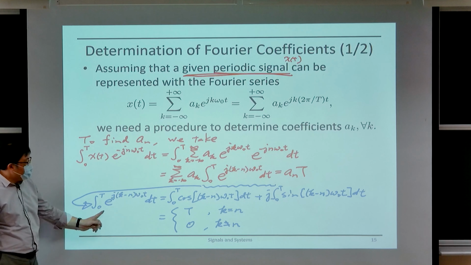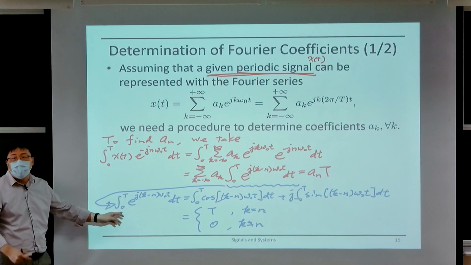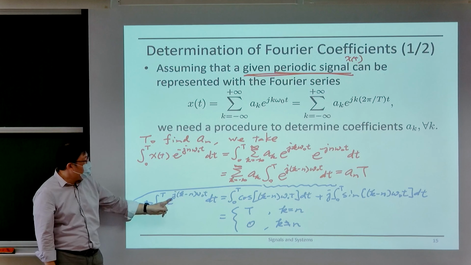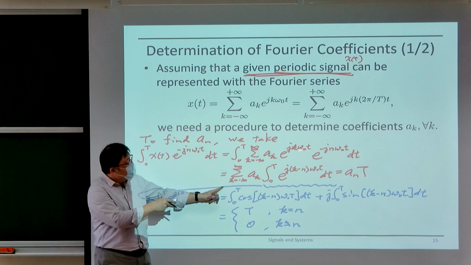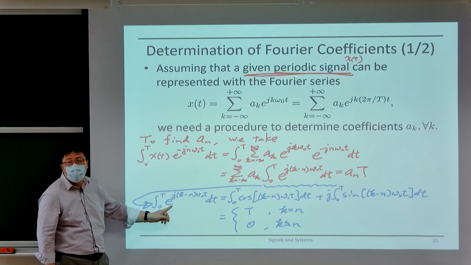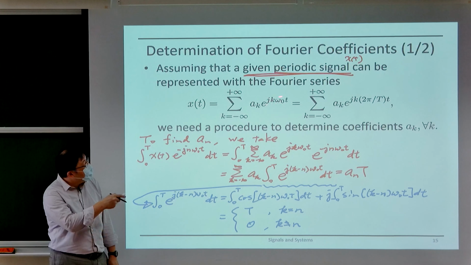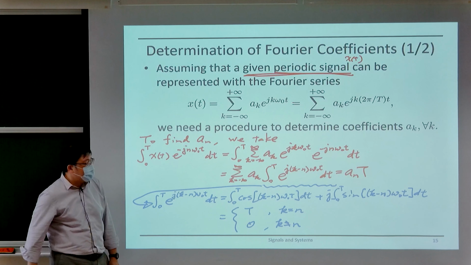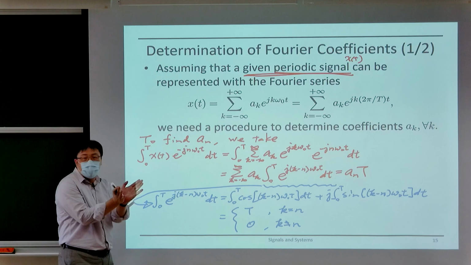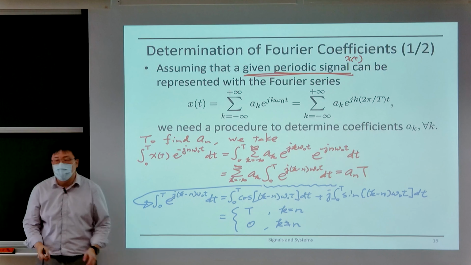Now, from this derivation here, this is basically the inner product between e to the j k omega naught t and e to the j n omega naught t. This expression tells you that each one of these complex exponentials is orthogonal, because they are 0 whenever k is not equal to n.